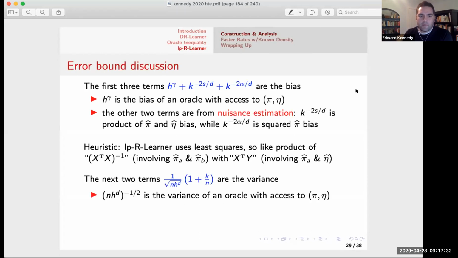The variance terms, one again is the oracle term that we're not going to be able to escape. And the other is a nuisance term. And it looks like the product of the nuisance standard deviations times the oracle standard deviation.